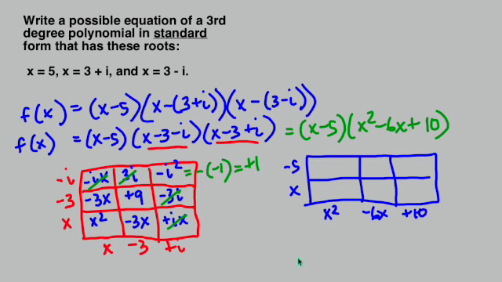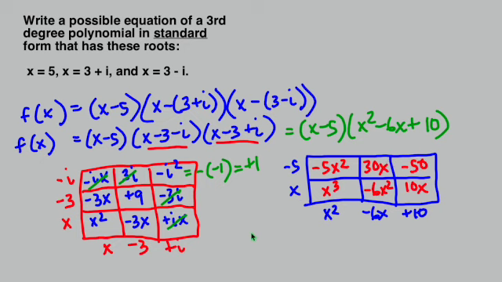To do all the math here: x times x squared is x to the third. x squared times negative 5 is negative 5x squared. Negative 6x times x would be negative 6x squared. Negative 5 times negative 6x would be 30x. And 10 times x is 10x. And then finally, 10 times negative 5 is negative 50.